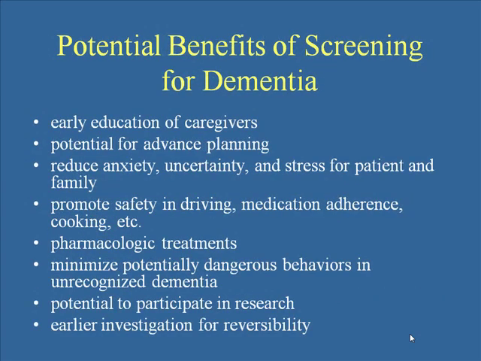But here as well, there are some potential benefits of screening for dementia. Early education of caregivers, preparing caregivers and patients for the future, the potential for advanced planning for people for whom medical attention is brought to their condition and they can start to prepare for the future. There may be some benefit in reducing anxiety and uncertainty and stress for both patients and families.